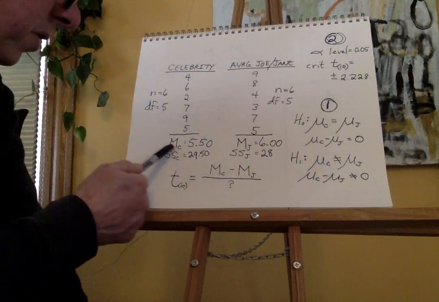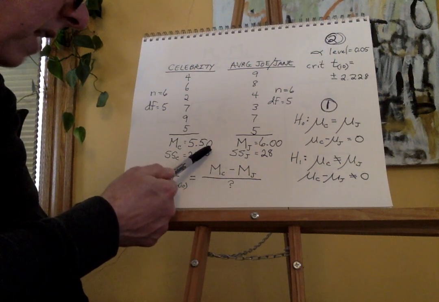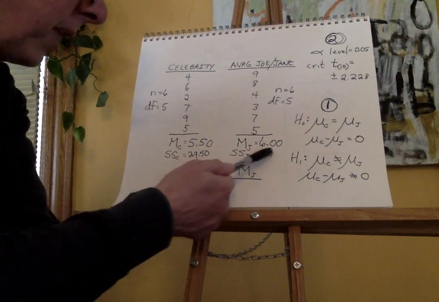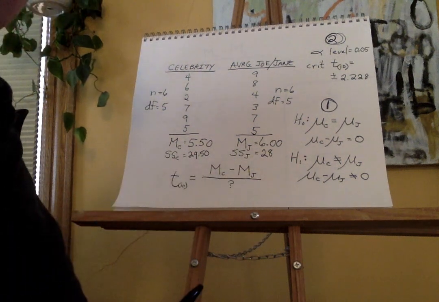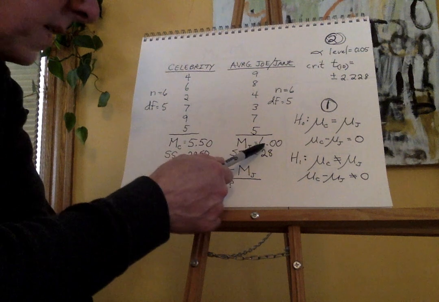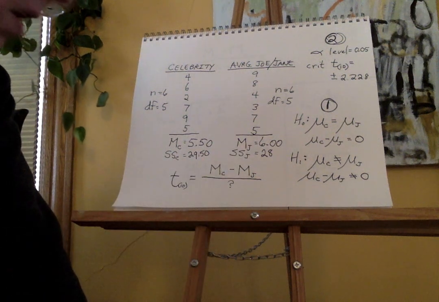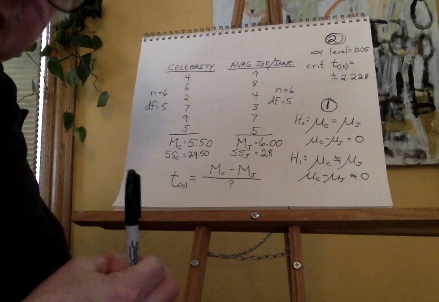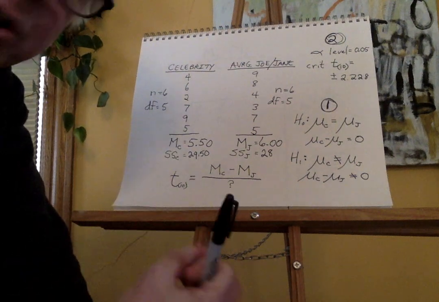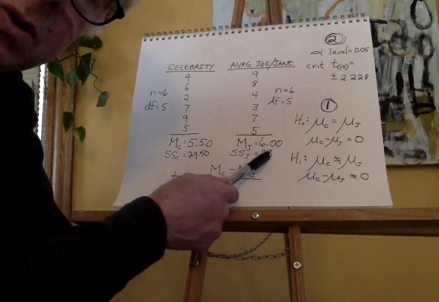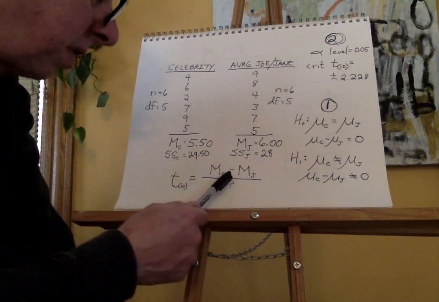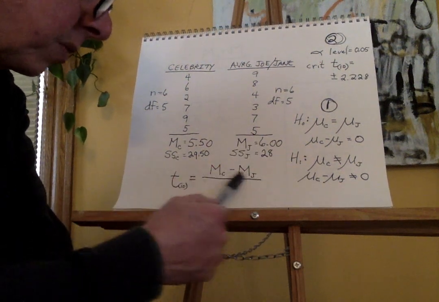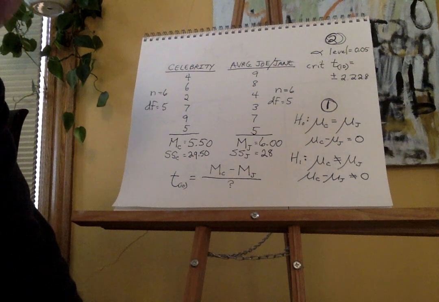So we get the average for the celebrity, 5.50. We're going to compare that to the average Joe mean, and that's 6, okay? So I think it should make sense intuitively. This is the question. Is this group different from this group? Okay, is this group different from this group? So we're just going to subtract, okay? We're going to make that comparison.